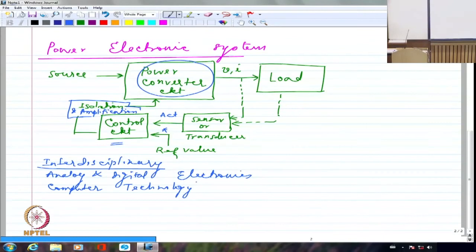We definitely need to know to some extent the physics of the devices. We may not know as much as whoever taught you physical electronics, but we definitely need to know how much heat is going to be generated within the circuit. If I don't know, then I will not be able to make sure that it doesn't conk out. If an excessive amount of heat is generated, it will get overheated and conk out.